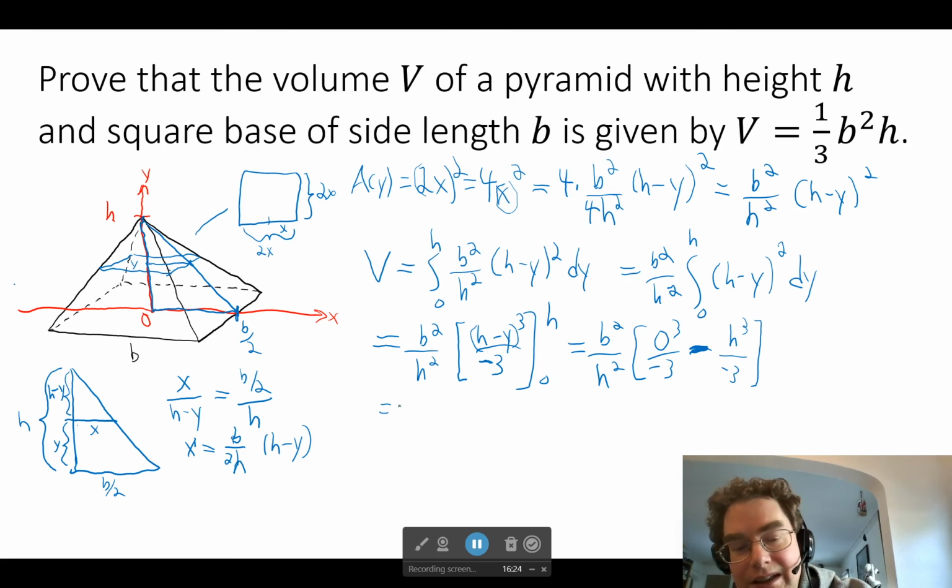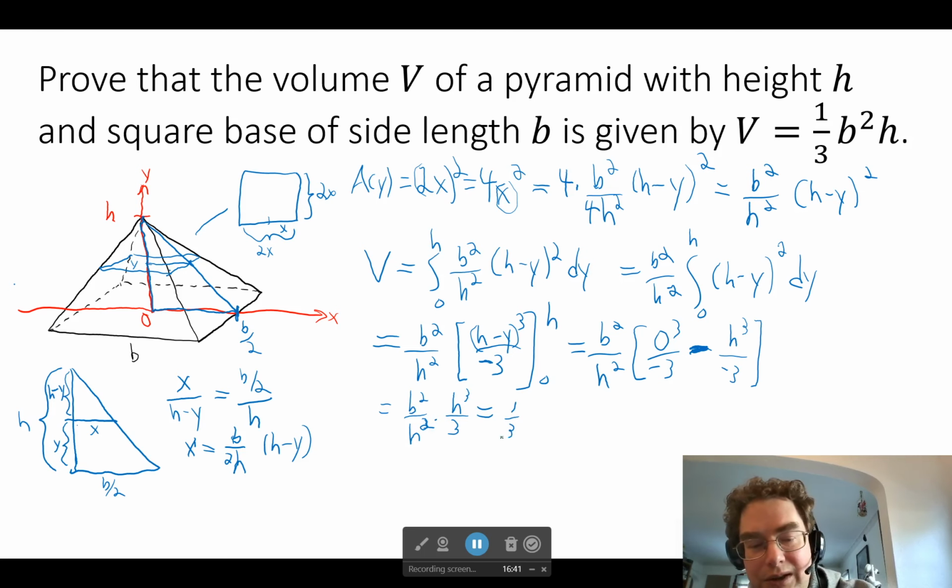And so we get b squared over h squared times h cubed over 3, which we can cancel a couple factors of h there, and we end up with 1/3 b squared, one factor of h left in the numerator, 1/3 b squared h. So at the end of the day, the formula we get for the volume of that pyramid is V equals 1/3 b squared h, just as we've always been told it is.